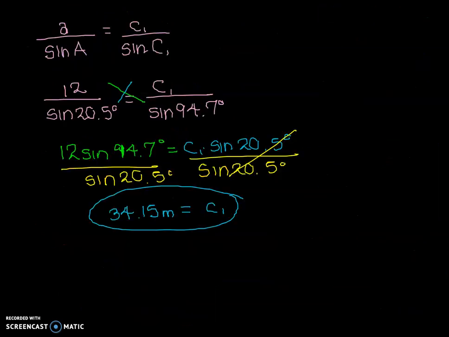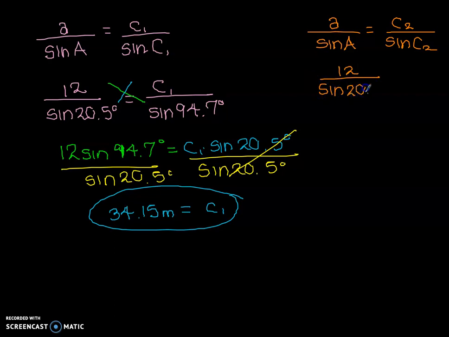So from here, we're going to do the same thing. We're going to take A over sine of A equals C sub 2 over the sine of angle C sub 2. So again, that's going to be 12 over the sine of 20.5 degrees equals side C sub 2 over the sine of 44.3 degrees.